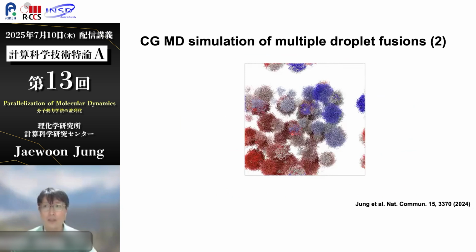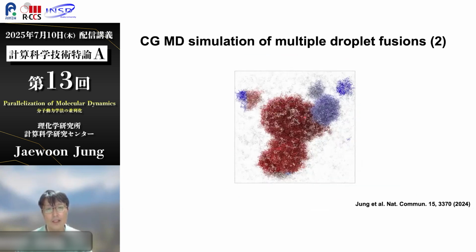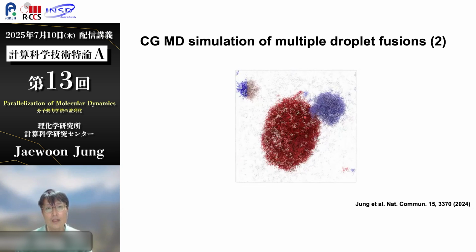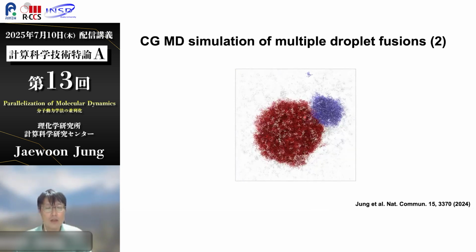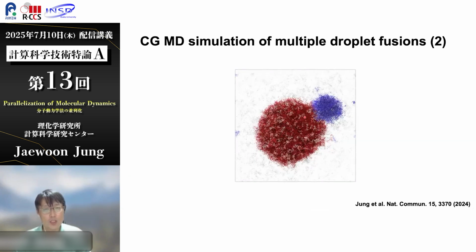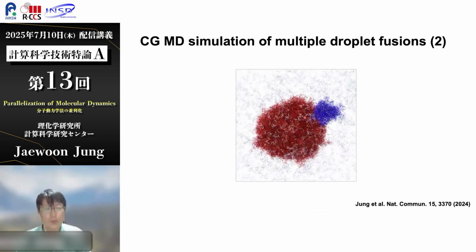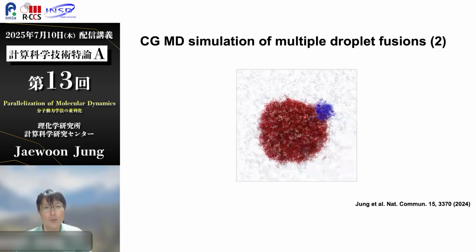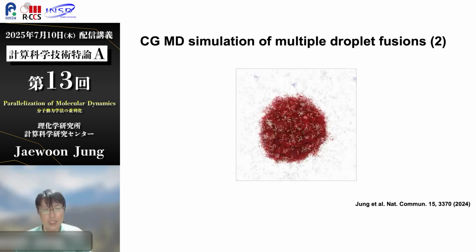Oh, this does not work. In fact, without good parallel efficiency, we couldn't perform this kind of MD simulation. But by considering efficient parallelization, we could perform this large-scale MD simulation, even with non-uniform particle density.